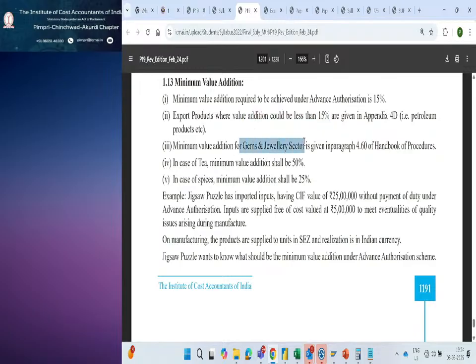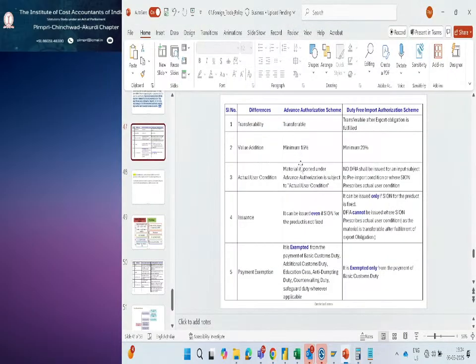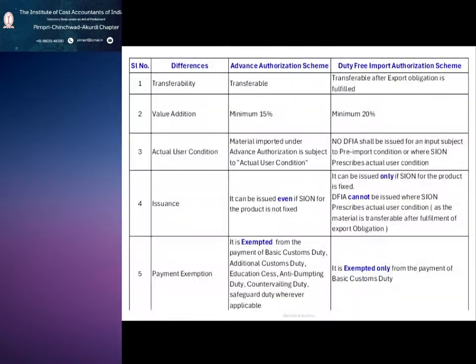For gems and jewelry sector, there is a separate percentage. But normally, for all general category materials, it is 15%. That's why here we are showing the difference: the minimum should be 15%, and for duty-free import authorization it is 20%.